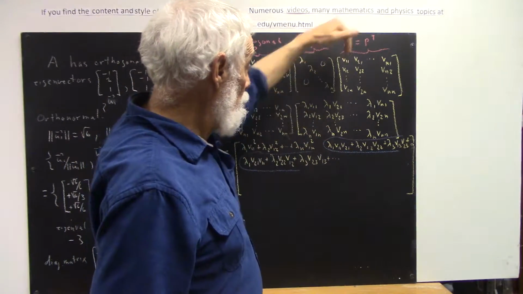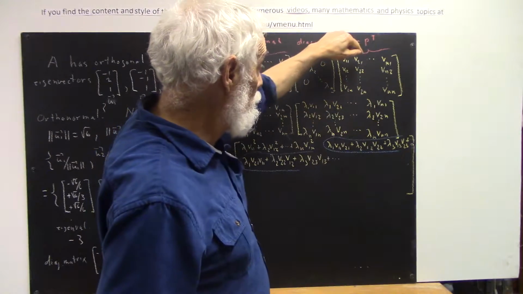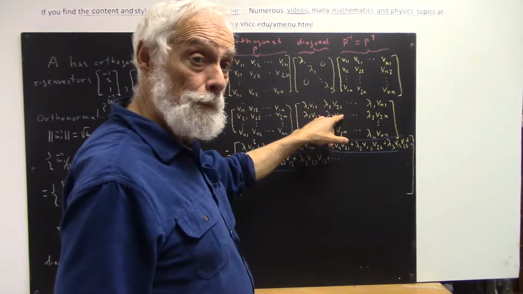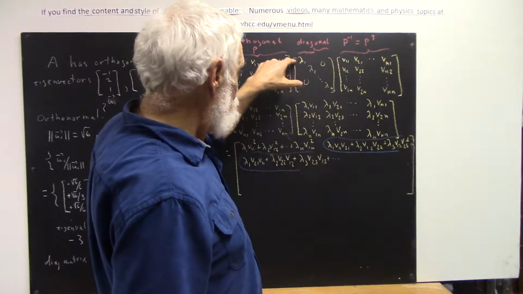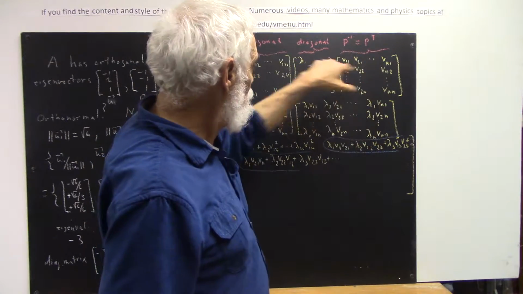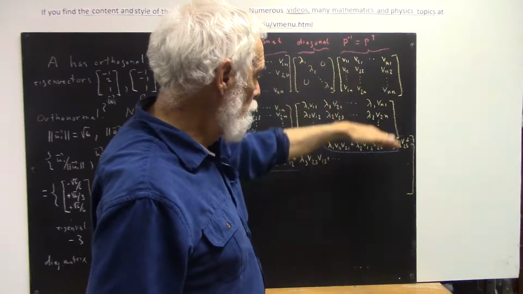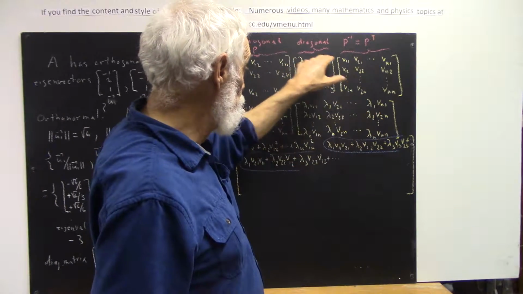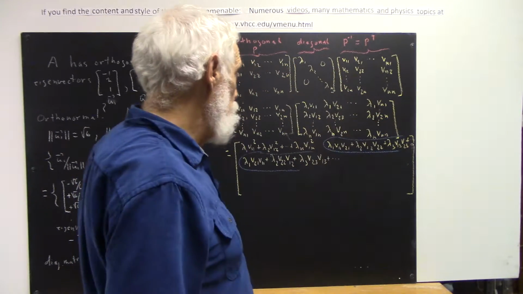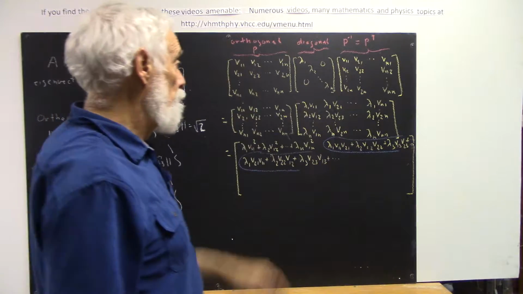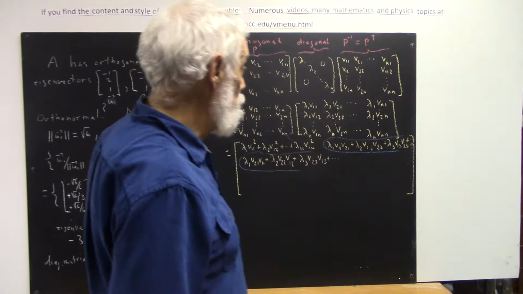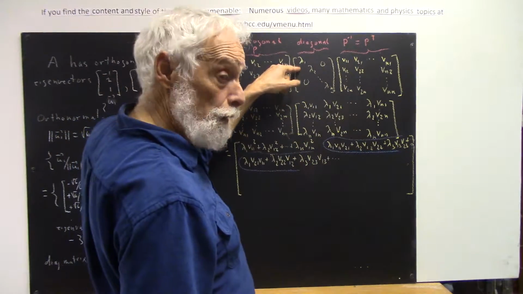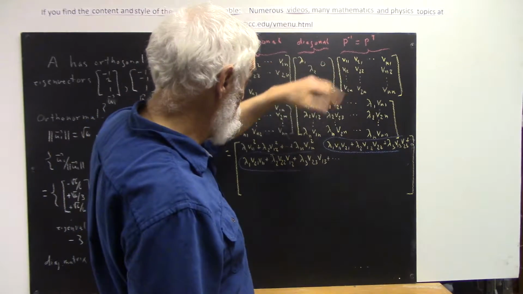First row times the second column is lambda 1 times v21, so there it is. First row times the last column is lambda 1 times vn1, everything else gives us 0 because of all the zeros here. We get lambda 1 vn1. Now, second row times the first column. Well, we got a 0 here. I haven't written all the zeros, but we understand what we're looking at.